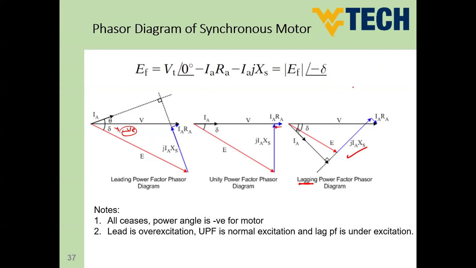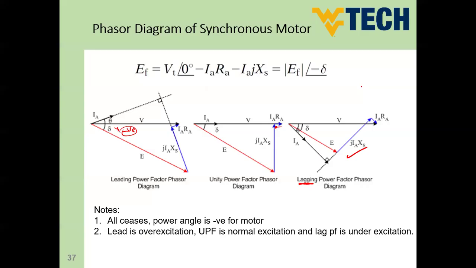So it's like basics, guys, for the synchronous machine. Basically, if the power angle is positive, this is a generator. If the power angle is negative, this is a motor. So you can figure this out in any question, in any solved example, in any problem you solve. If the calculation gives a negative power angle, this is motor operation.